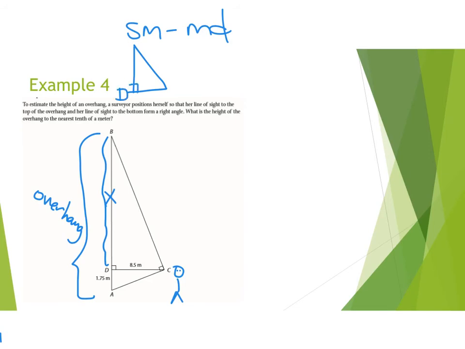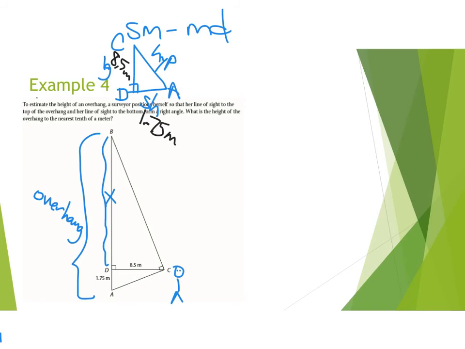D at the right angle, A and C. Here's short, here's long, here's hypotenuse. And let's put some numbers on there. Short is 1.75 meters, and the long is 8.5 meters.